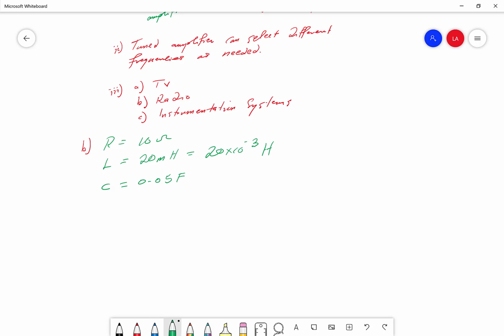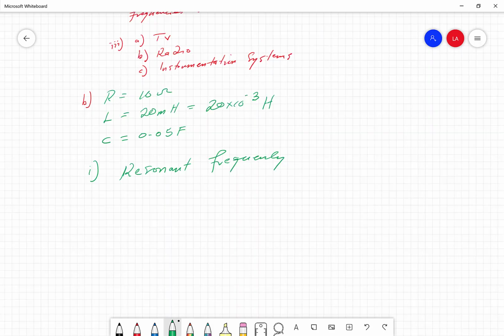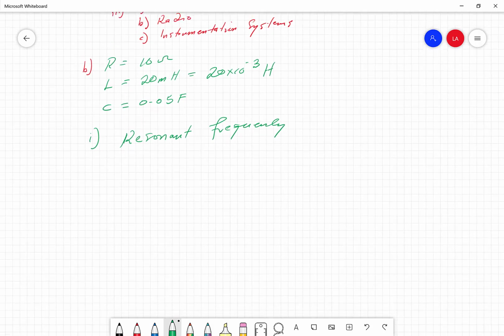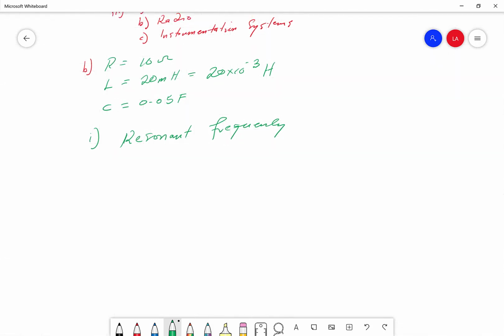Now, the first part of the question asks that we calculate the resonant frequency. Okay, so we'll go ahead and do that quickly.